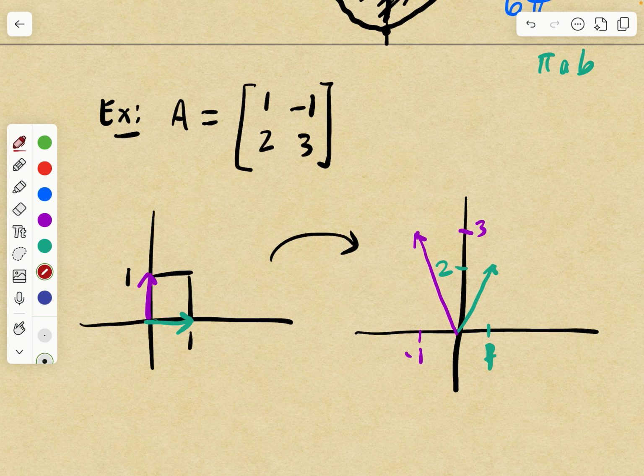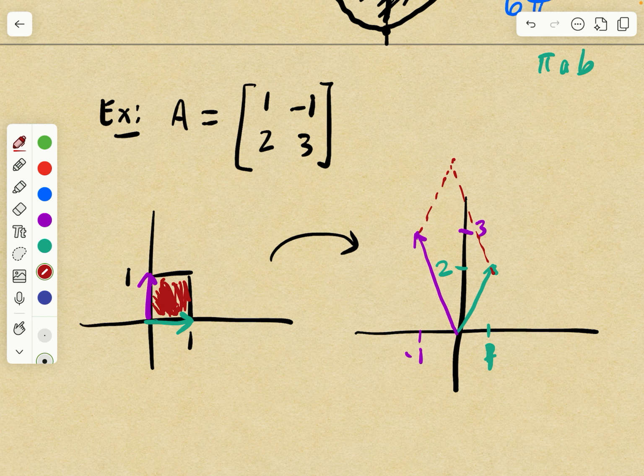And so this square is going to go to the parallelogram that's generated by these two vectors. So you imagine forming this parallelogram like this.